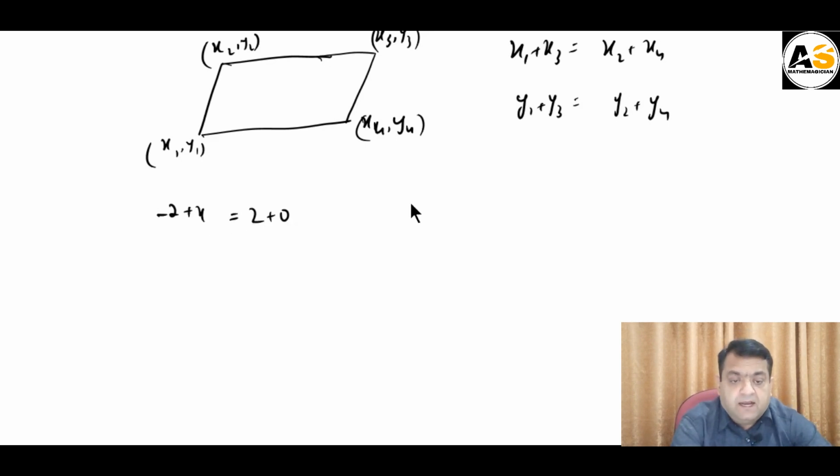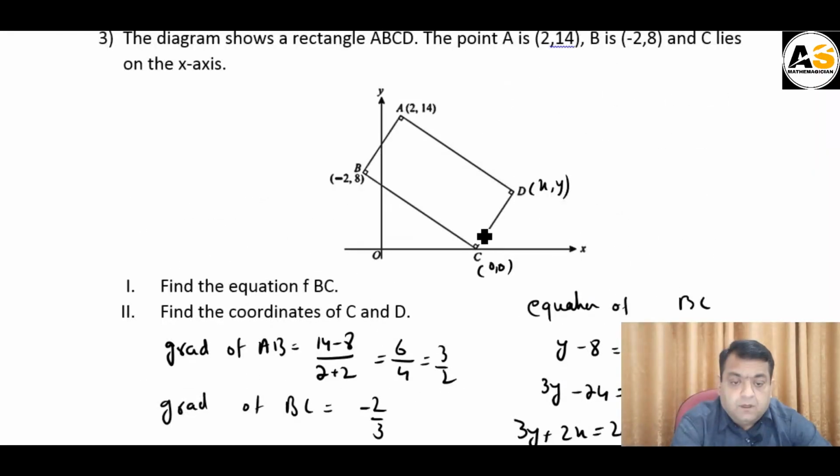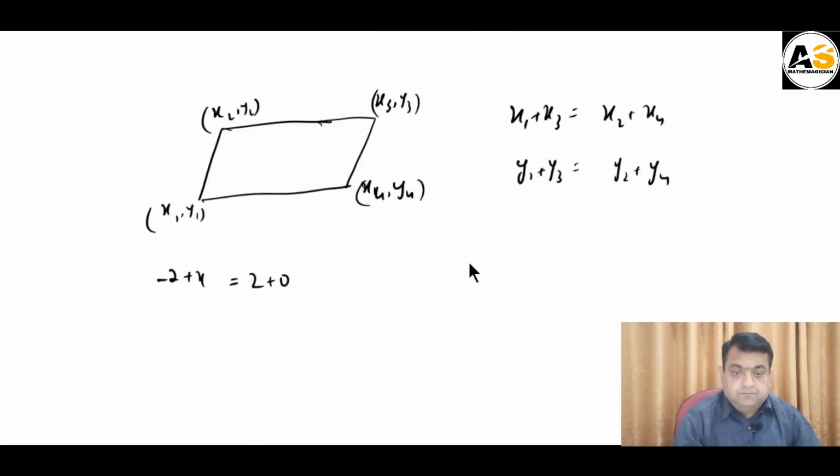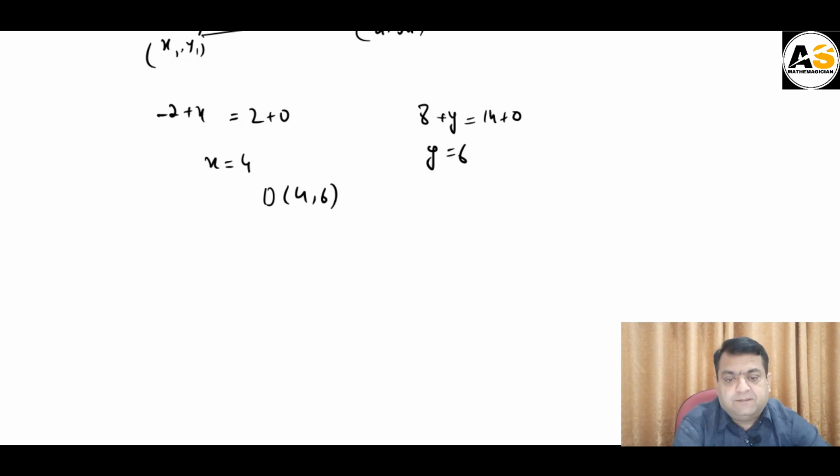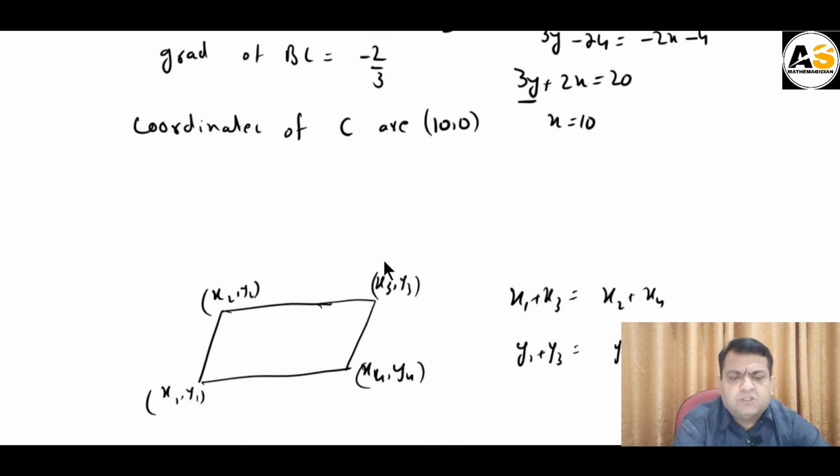Similarly, I will put 8 plus y is equal to 14 plus 0. From here I will get x is equal to 4, y is equal to 6. Coordinates of D are 4, 6. This is one way of doing this. The shortest possible way, I should say.